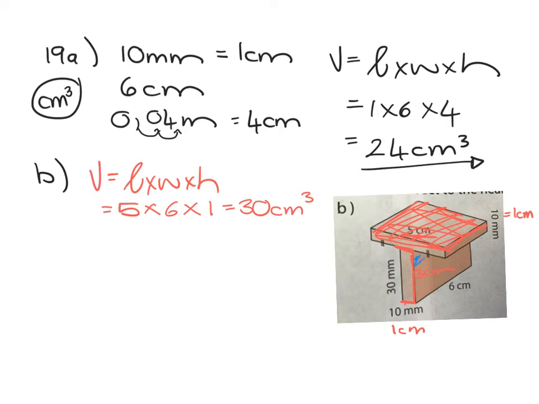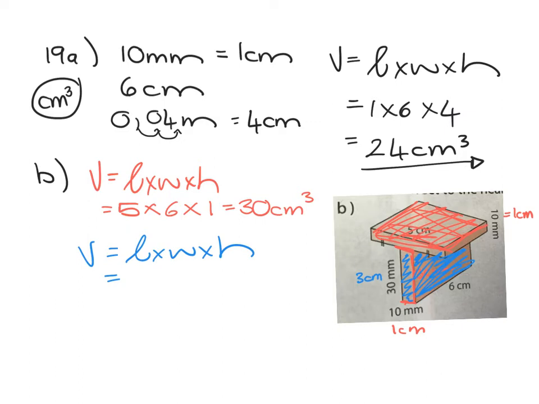So this part now is again a cuboid. This cuboid would have a height of 3 centimeters. Again, the order in which you do it is not that important right now.